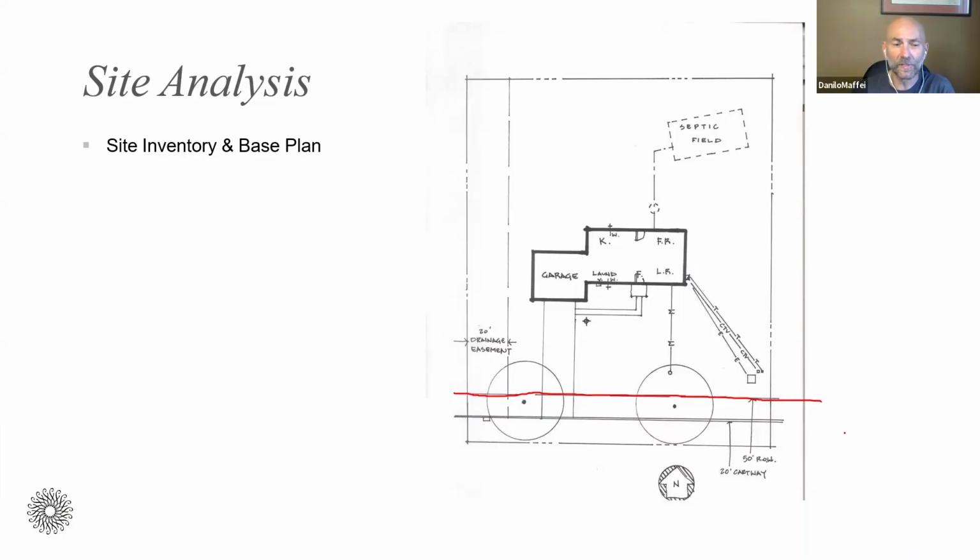oftentimes there are portions of the landscape which, while they appear to be ours visually and may even be our responsibility to maintain as part of our typical property maintenance, other owners, other entities may have some legal claim to it, such as whomever operates the roadway in front of your house. It might be a locally owned road, such as your town or county, or it might be a state or interstate federally owned roadway.